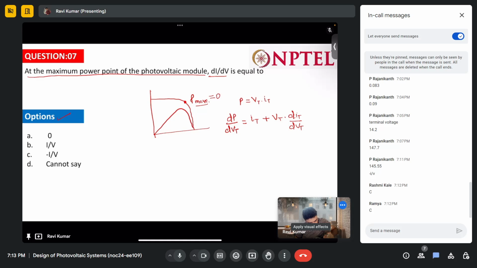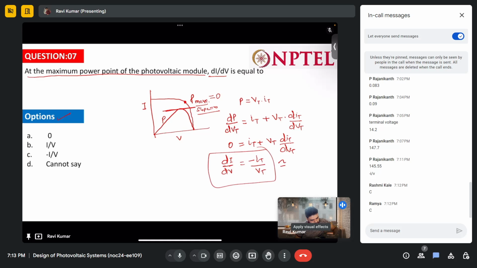This is flat on the PV curve, slope is 0. So 0 equals IT plus VT dIT divided by dVT. So dI by dV will be equal to minus IT divided by VT, which we can write as minus I divided by V. Yes, you are right. Answer is C.